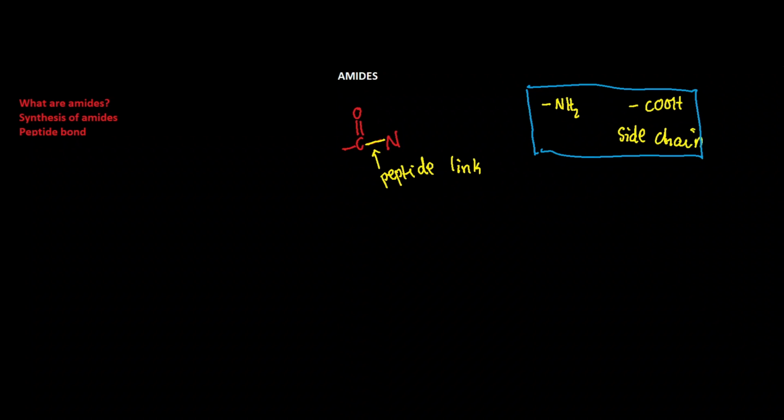Okay, so let's have an amino acid that looks like this. So we'd have the amine functional group, NH2, and then we'd have our side chain. Okay, so CH and then an alkyl group here, and then we would have the carboxylic acid functional group, something like this.